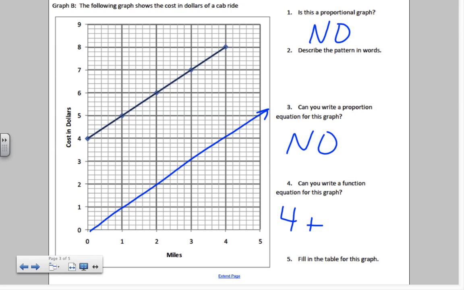Just x. That's what our equation looks like. Do you guys see where we say $4? We start at $4, and every time you're going to add 1x. Okay? 1 times 1 is 1. 1 times 2 miles is 2. 1 times 3 miles is $3 added on. Now you see it?